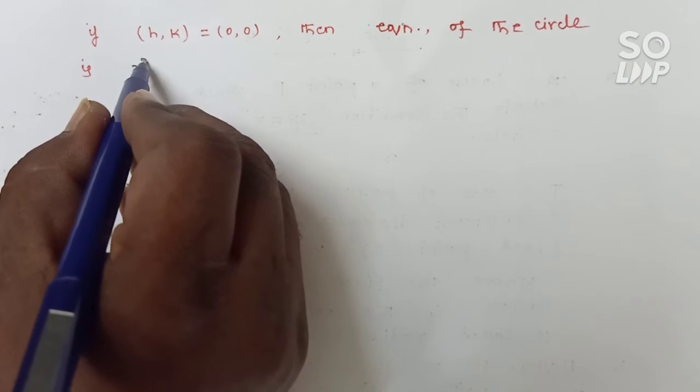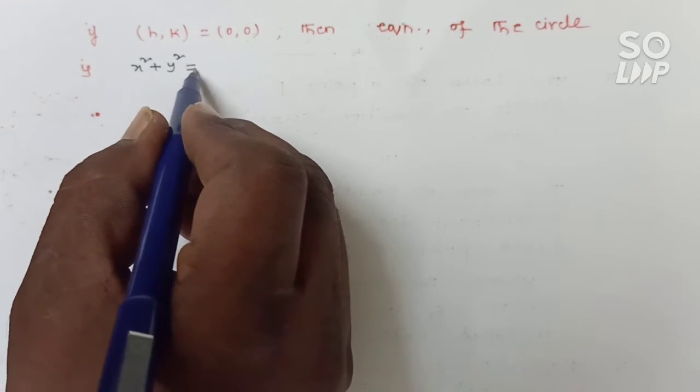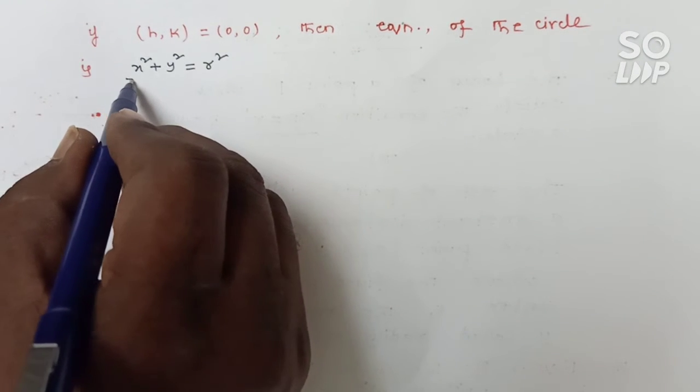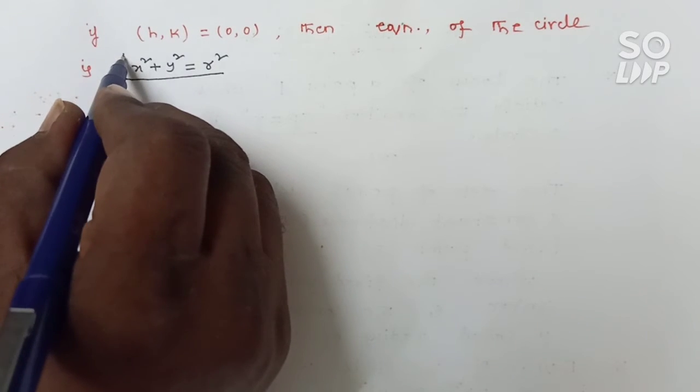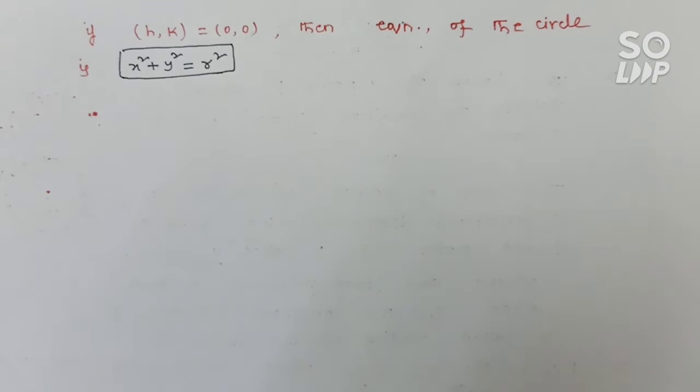That becomes x square plus y square is equal to r square. So this one is the equation of the circle whose center is the origin and radius is r.